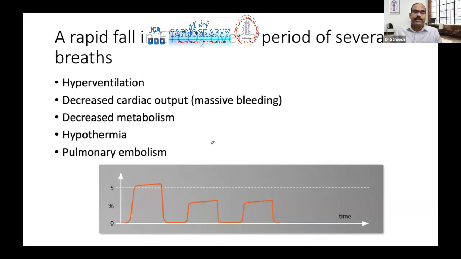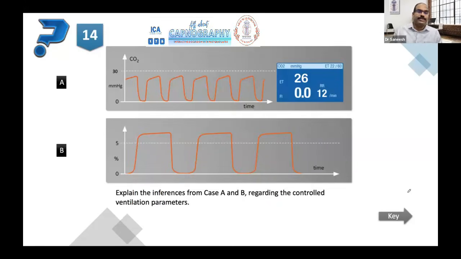Okay, so you need to check the surgical field, you need to check the surgical drain, or other possibilities also: a decrease in metabolism, hypothermia, pulmonary embolism. You need to troubleshoot this depending on the history and the trend so far. But these are the possible things.